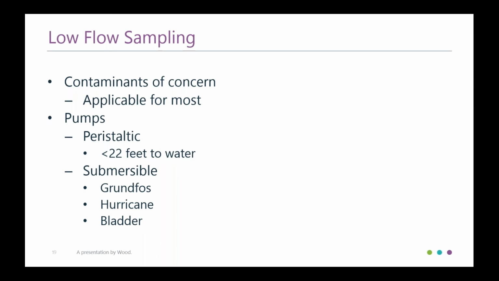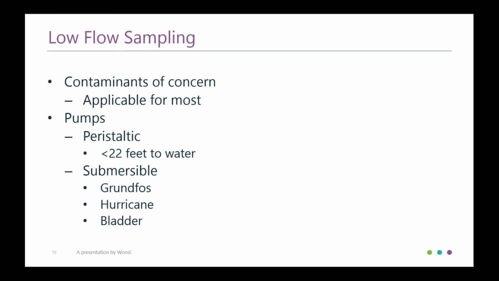Low flow is great because it's applicable for most contaminants of concern. It can be used with almost any pump. But as you're thinking about these pumps, some of them are better than others and they each have their own pros and cons. I think that the Grundfos pump ends up heating up a lot when you're going very deep.